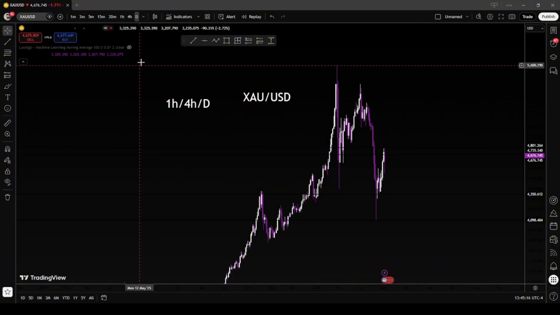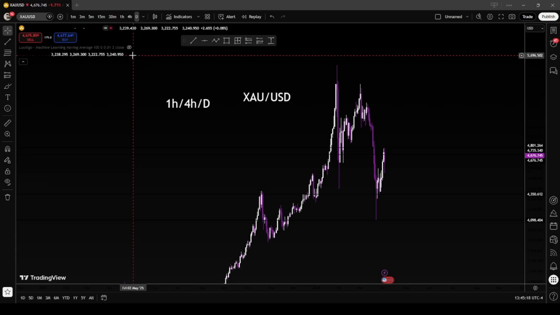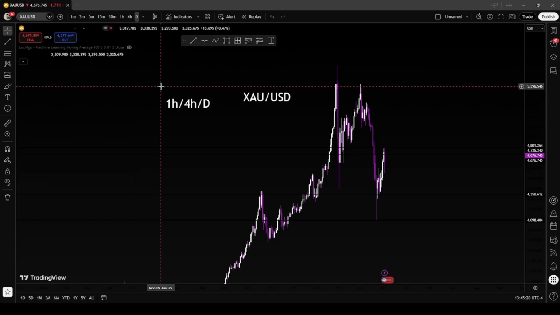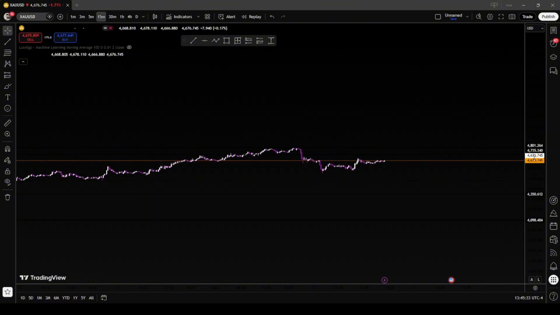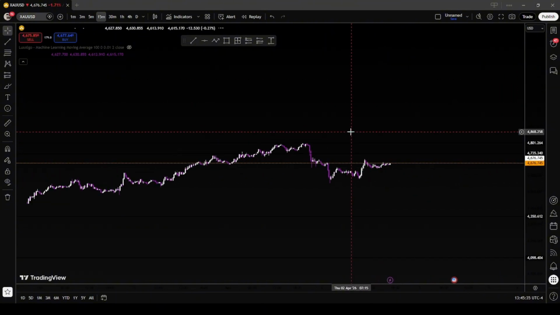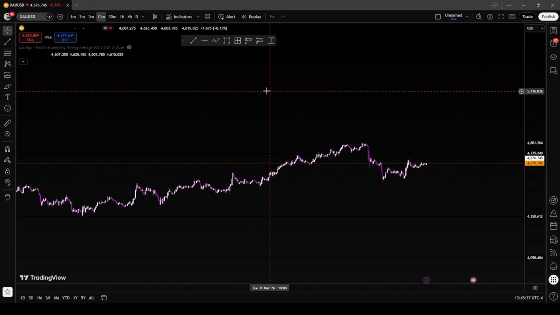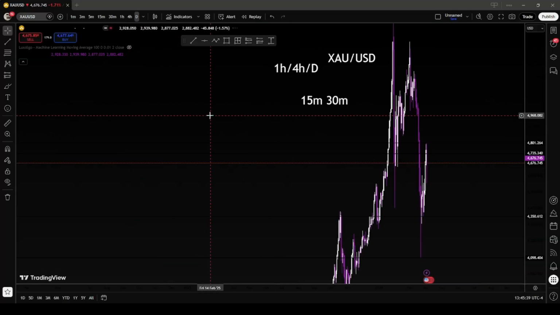This is what we use. We do not go any lower for placing our trades. Yes, you can go to the 15 minute for information. You can go to the 30 minute for information, looking deeper into the trend, seeing what is exactly going on, et cetera.